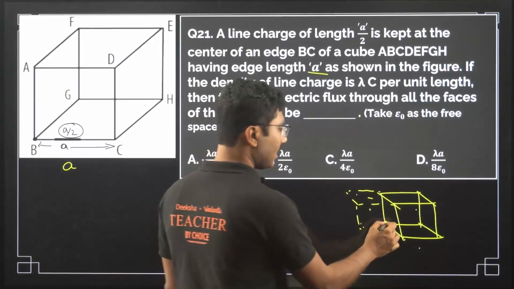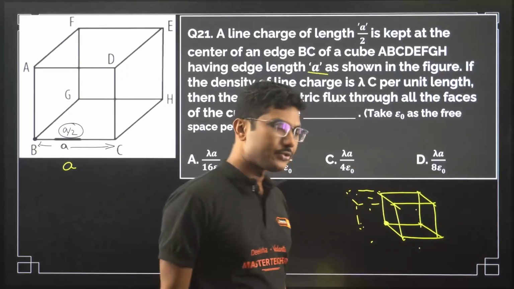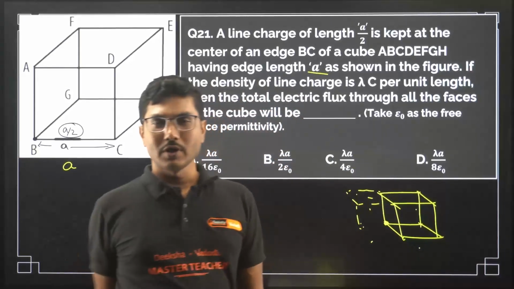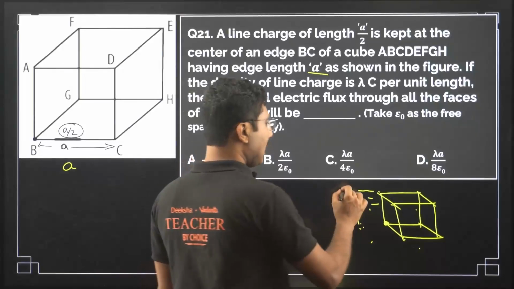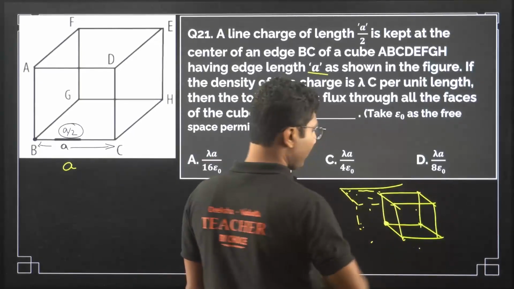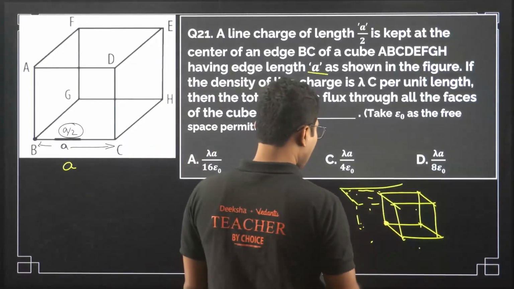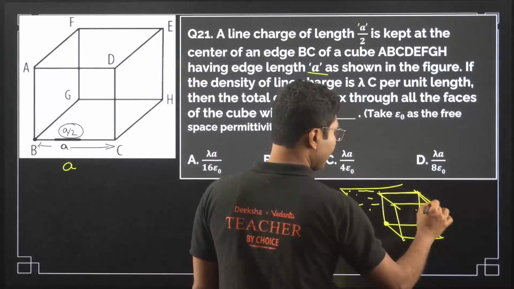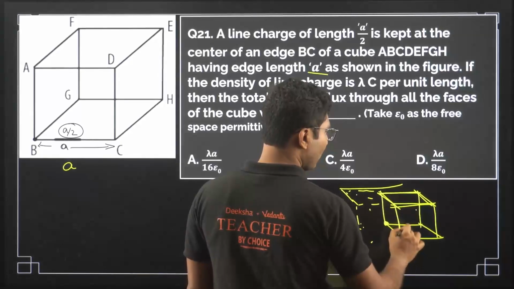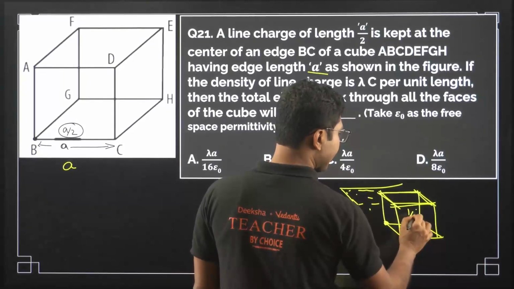This is our corner. Whatever is the net flux through this system, this cube is 1/8 of the entire cube system.